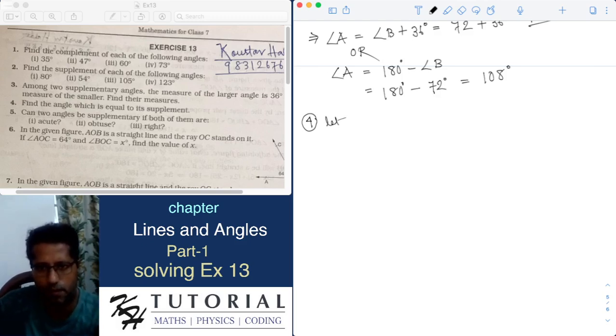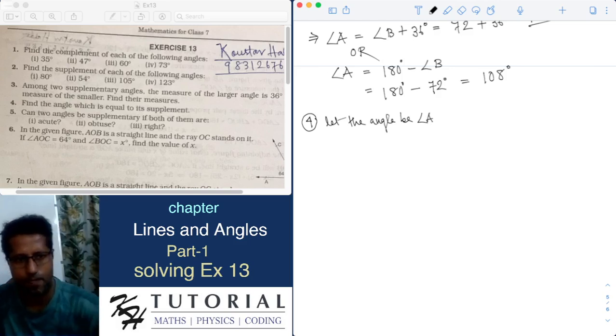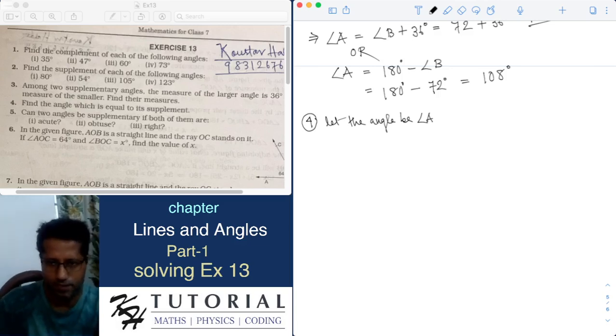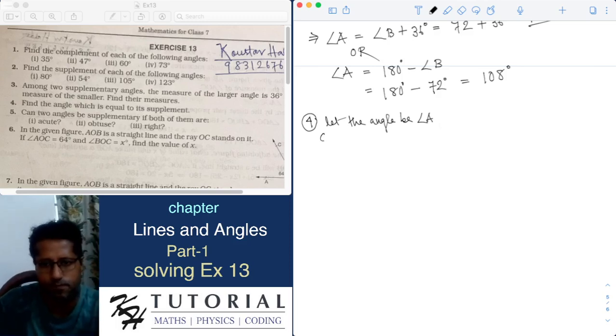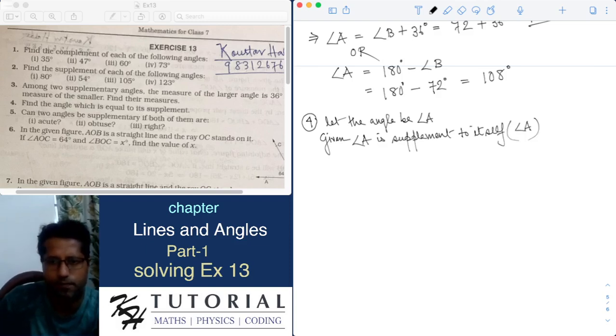So let the angle be A. Now it is given that angle A is supplement to itself, that is, itself means angle A.